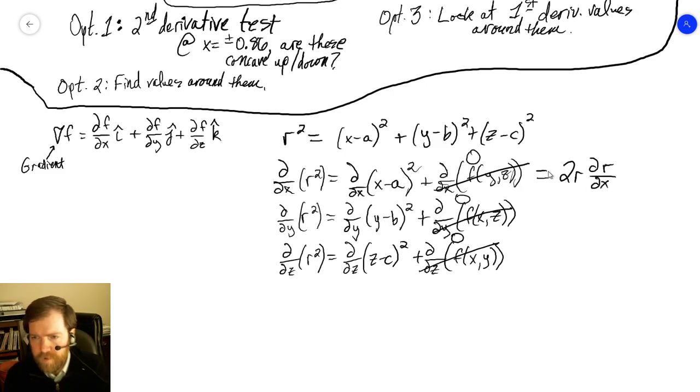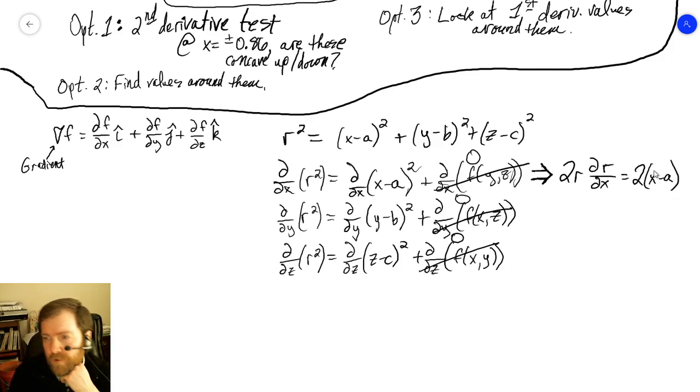Sorry, that should be like an arrow. Okay, there we go. All right, and that is equal to then 2 times x minus a. And since we're taking the partial derivative with respect to x, there's nothing to be done there. It's all just 1.